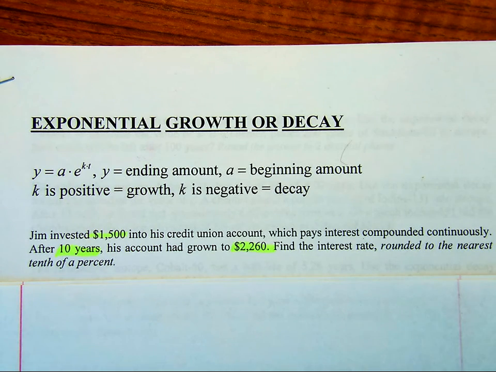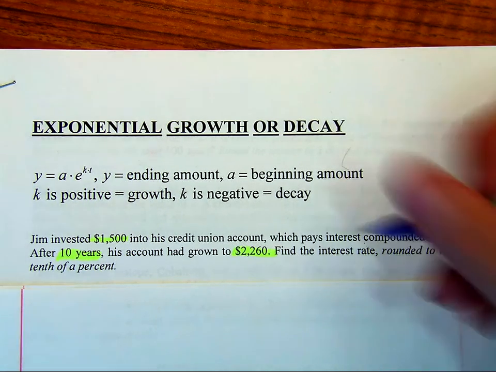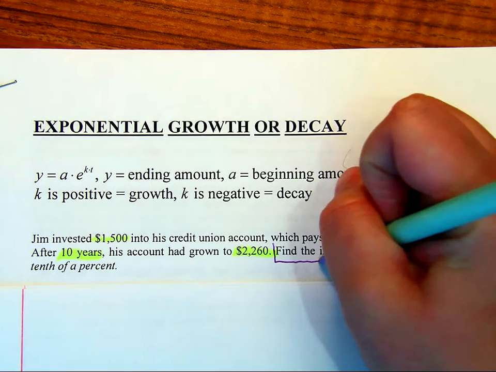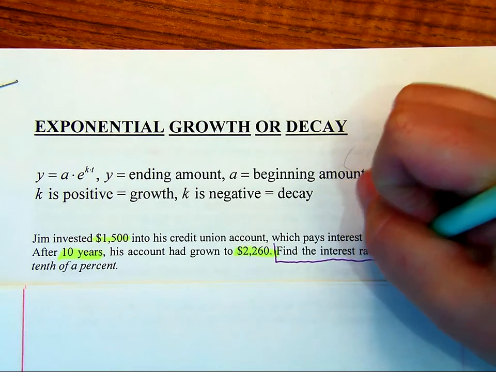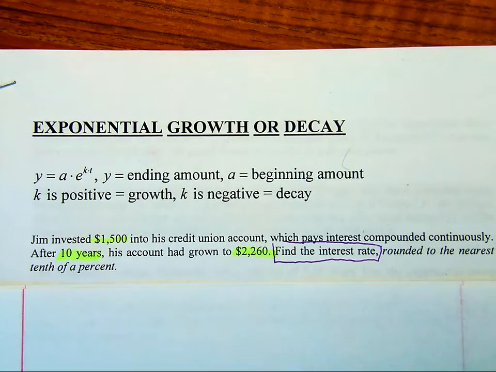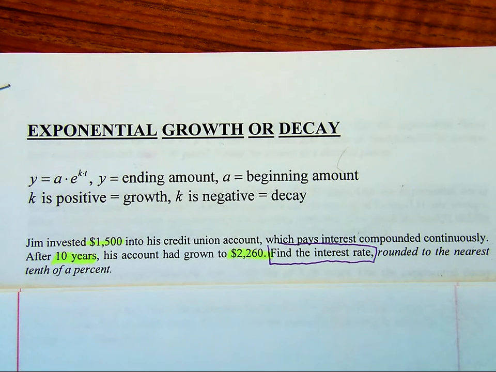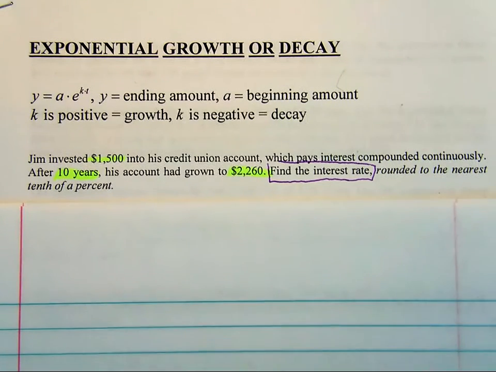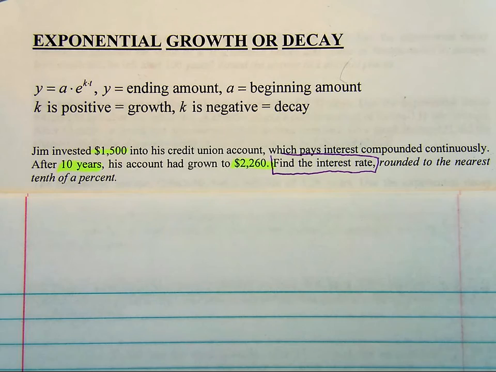And the fact that it says find the interest rate, I know what I'm looking for. So if he invested $1,500, then I believe that would be his beginning amount.